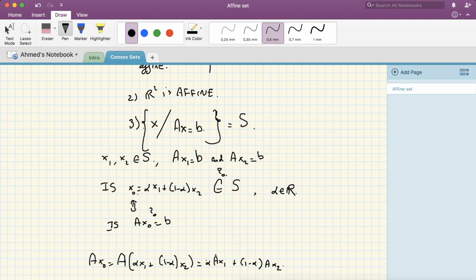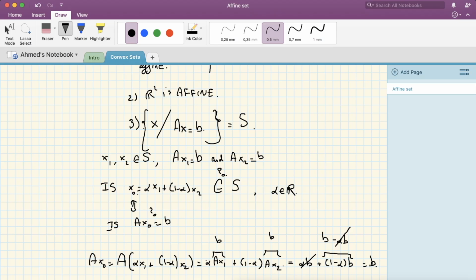And what can we say about Ax1? It's b. And what can we say about Ax2? It's also b. So this is equal to αb plus (1 − α)b. Now you can expand this term to be b − αb, and it will cancel with this αb. You end up with b.